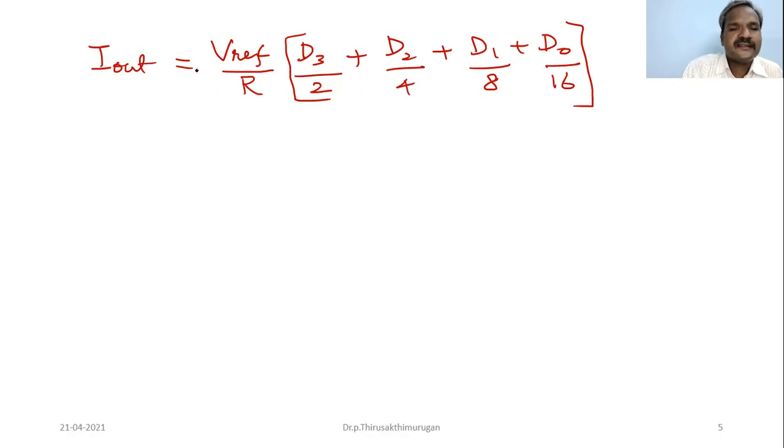This is the step value of the current. Step value of the current.